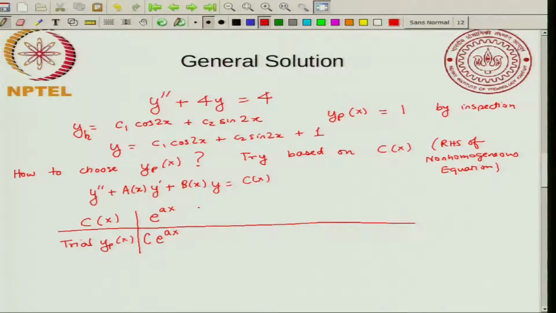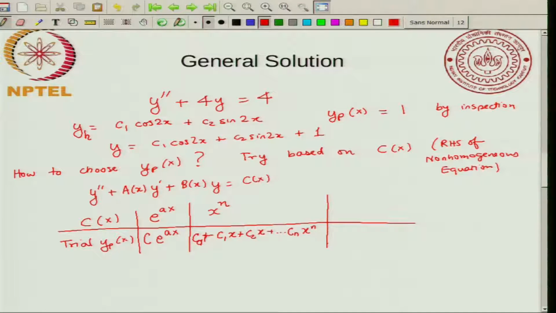Suppose on the other hand my c of x looks like x raised to n, then my trial function will look like a polynomial in x. So I will take it as C0 plus C1x plus C2x squared up to Cn x raised to n. If my c of x is just a power of x, I try with these constants and then I substitute in the equation and then I will find out what the values of these constants should be.